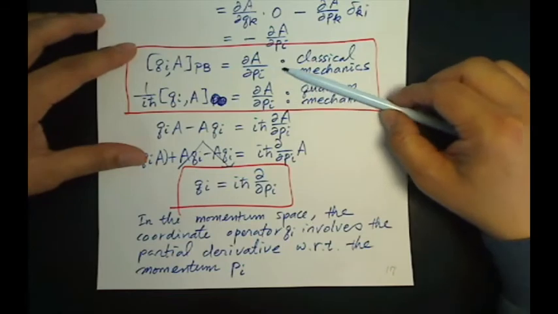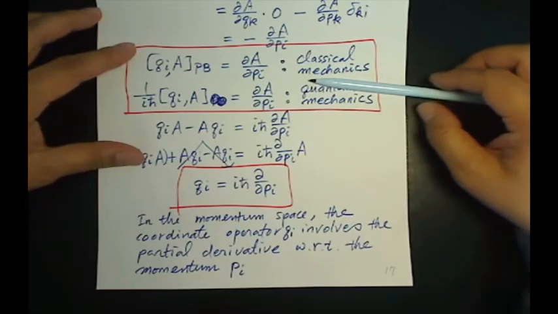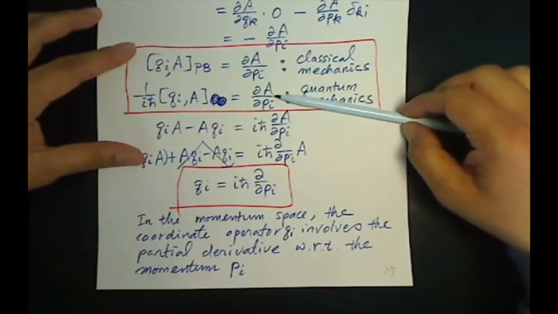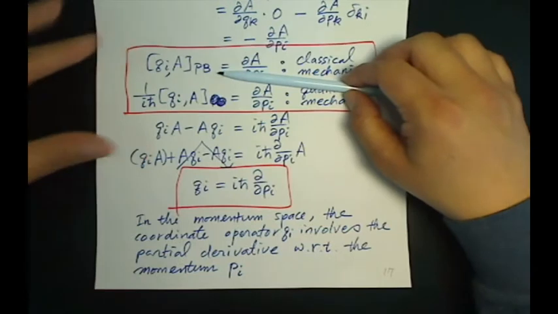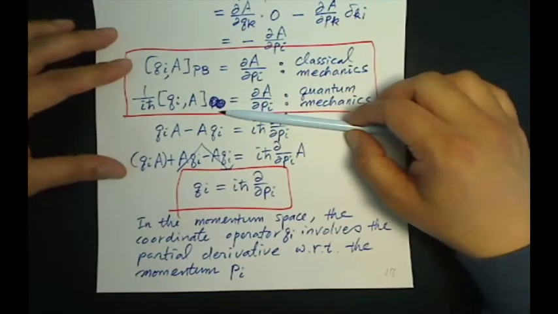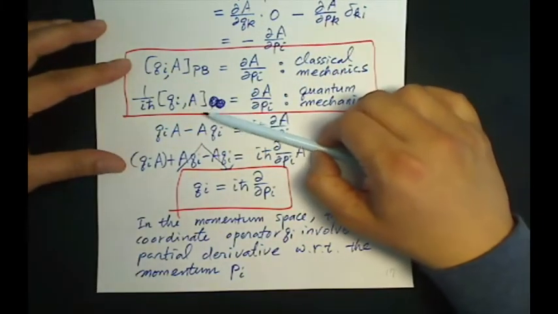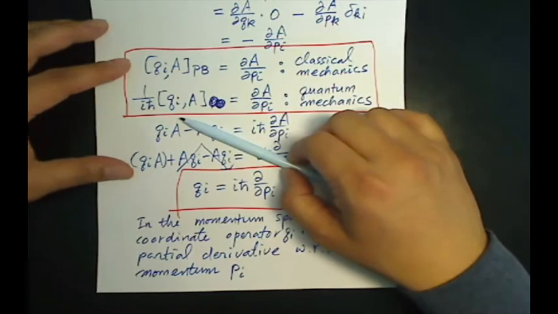Okay, so by applying the correspondence principle, we just copy this result and replace the Poisson bracket with the quantum mechanical commutator. The quantum mechanical commutator is given here, and the normalization factor was 1 over i h bar.